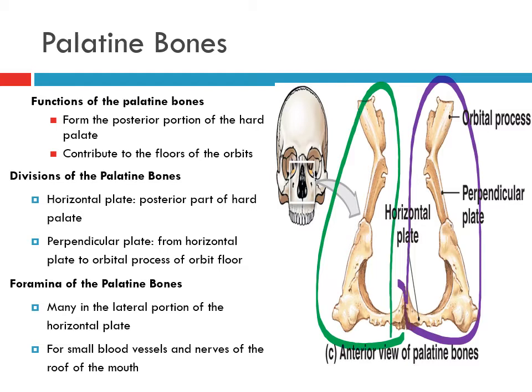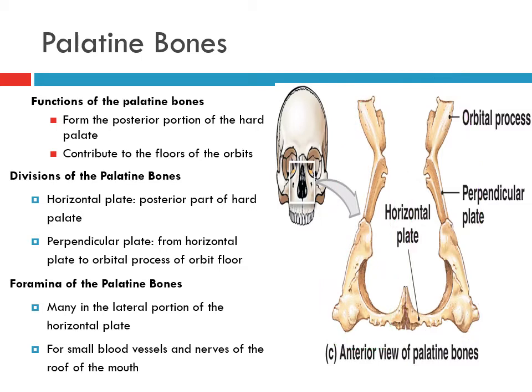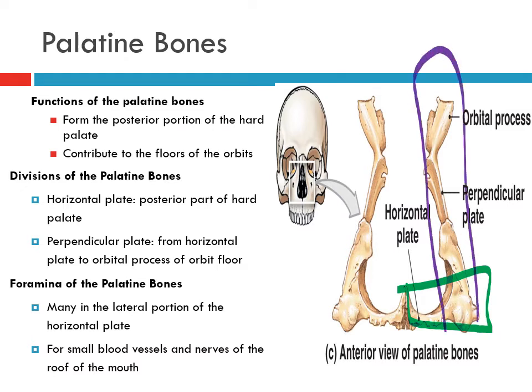So the anterior 2/3 of the hard palate is formed by the maxilla, and the posterior 1/3 is formed by the horizontal plate of the palatine bone. So the palatine bone has this horizontal plate here, and then it has the perpendicular plate here. The horizontal plate creates the posterior 1/3 of the hard palate.